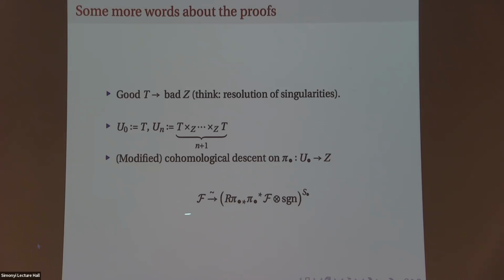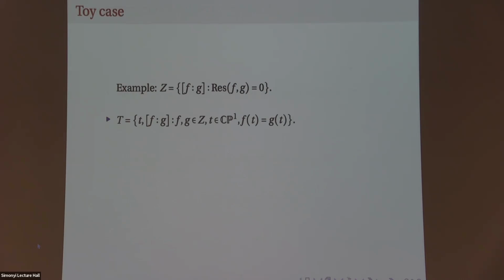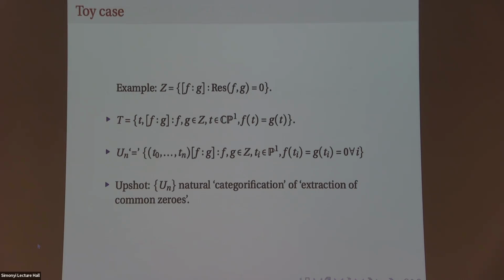Just in the language of sheaves, one can check at the level of stalks and get by. But suppose you're interested in things like your domain being higher dimensional projective spaces, then you specifically need this modified cohomological descent machinery. Okay, any questions so far?